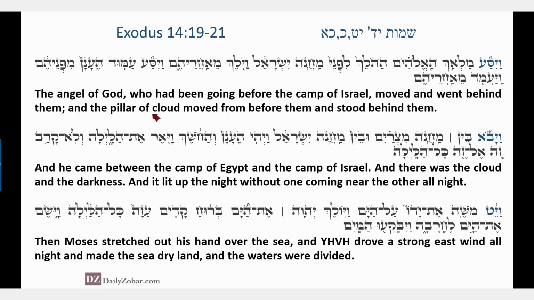So the protection of the Israelites, the cloud and the pillar of fire, moved behind them to block the Egyptians, Pharaoh and his army that came after them.